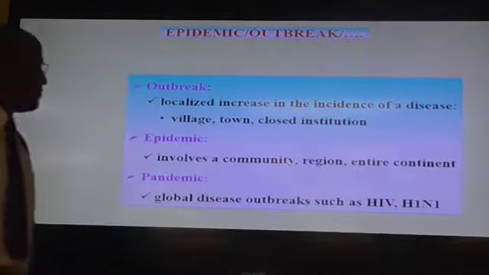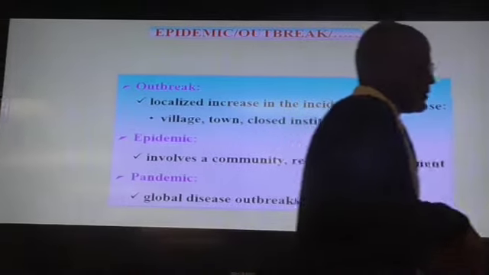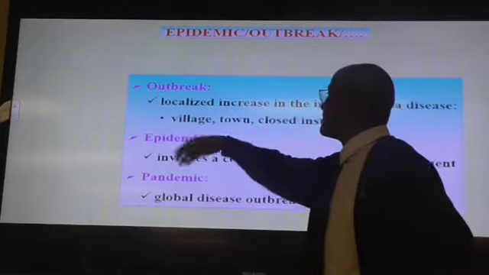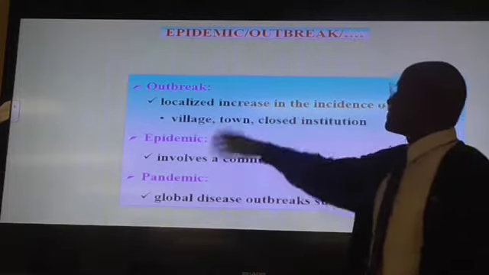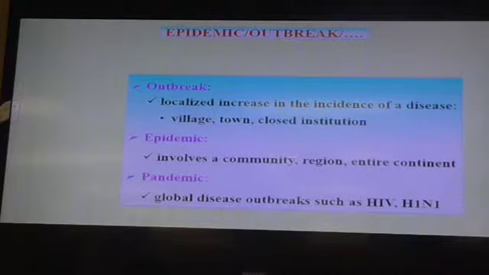In our time, these two are some of the diseases that were declared pandemics. HIV is still going on. H1N1, that is swine flu, occurred around 2009. It was also declared a pandemic because it affected all the continents. So apart from that geographic expanse, they really all refer to the same thing. It's just a matter of geographic extent.